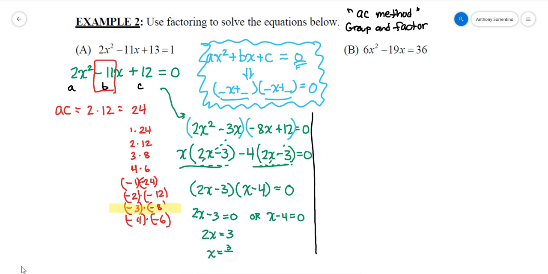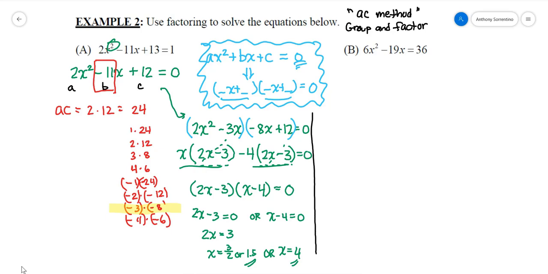So x equals 3 halves, or I could just say 1.5. That's one answer. Or adding 4 to both sides, x would equal 4. So my 2 solutions. And since it's a second degree equation, I do expect it to have 2 solutions. My 2 solutions are 1.5 or 4. And that's how you would use factoring.